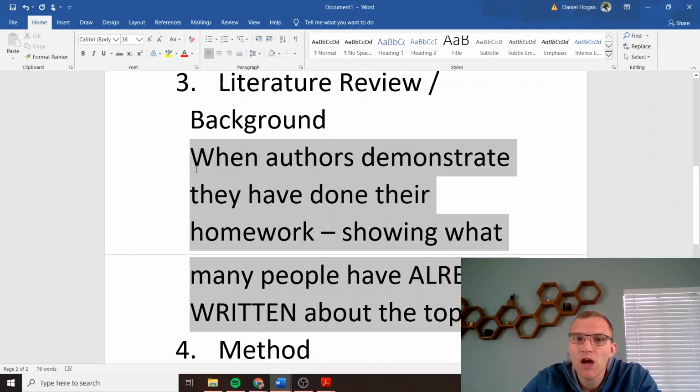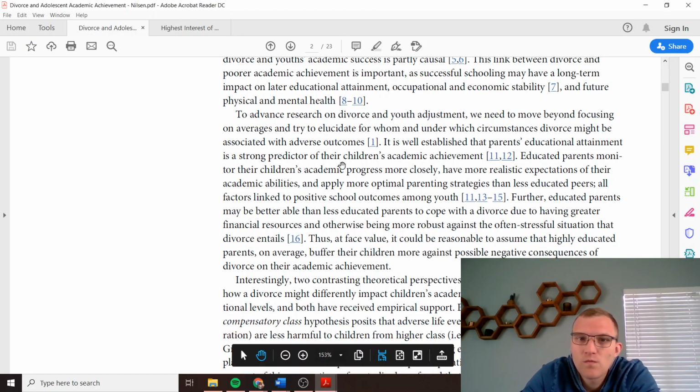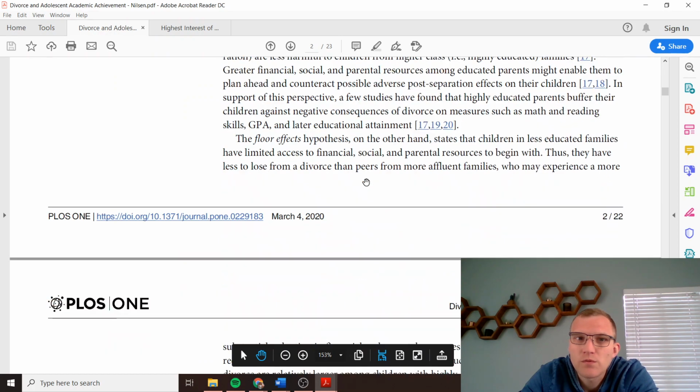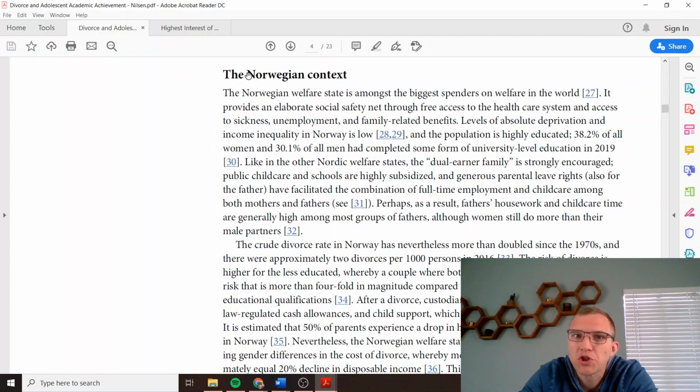This is, or at least it can be, a really helpful thing for you to reference as well, especially if you're trying to find more research. So let's take a look here. So we've got introduction and then, okay, the Norwegian context.